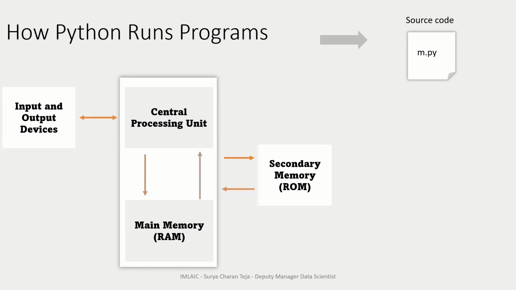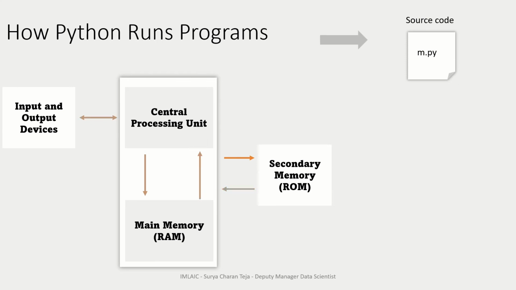When you save it on your HDD, you will save it with a .py extension, for example m.py, so that your computer can understand that this is Python source code.